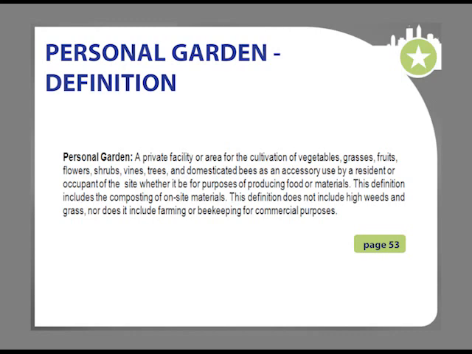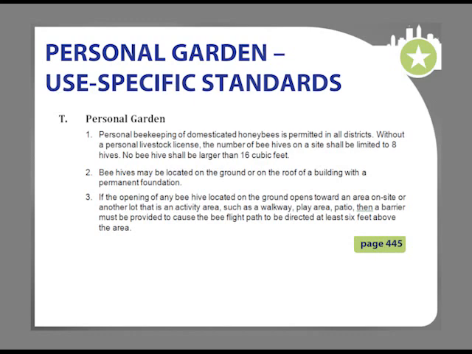The other thing to emphasize is it does not include farming or beekeeping for commercial purposes. This is growing fruits, vegetables for your own personal use. As with so many of the provisions, the use-specific standards are important. In this case, I noted earlier that we do not restrict where you can place the garden.